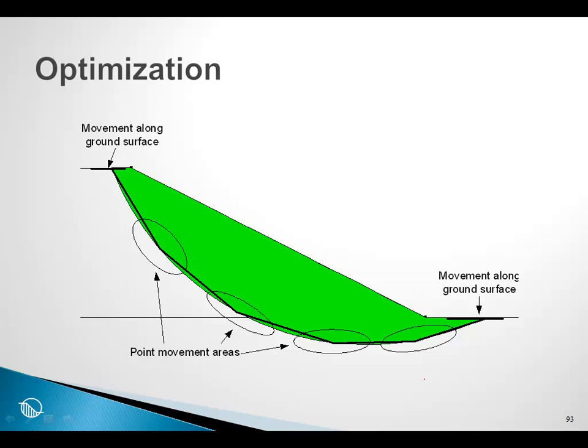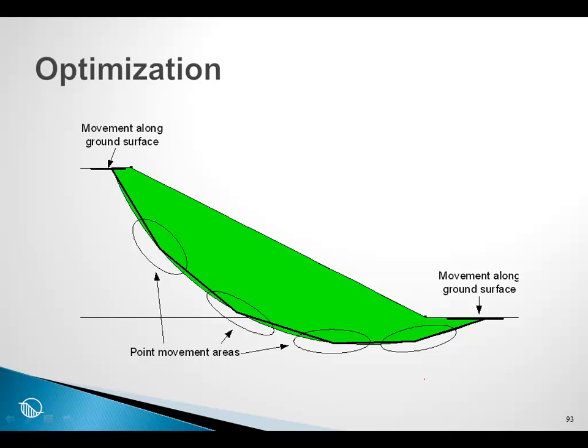The idea is to see if there are trial slip surfaces that have a lower factor of safety than the ones that correspond to a predefined geometric shape, something like the arc of a circle. We have chosen in SLOPE/W to call this optimization, and the technique is something like this.